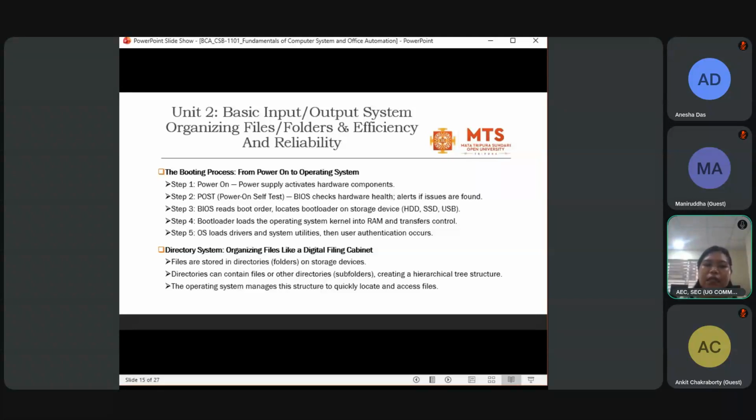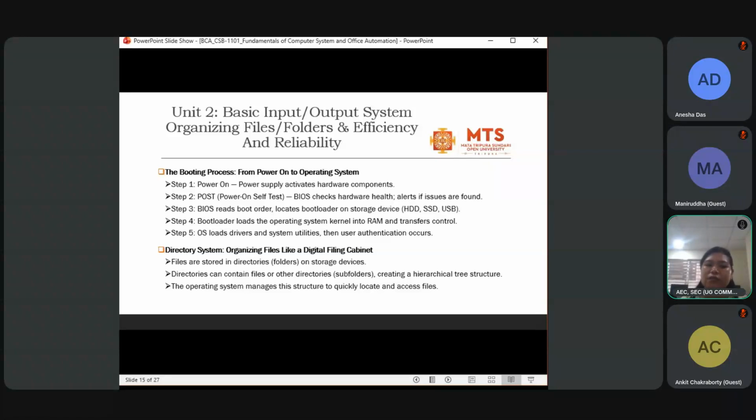And the directory system organizes files like a digital filing cabinet. Files are stored in directories, like folders in the system. In your system there are different folders, like a new folder, new volume, C volume, where you save files.